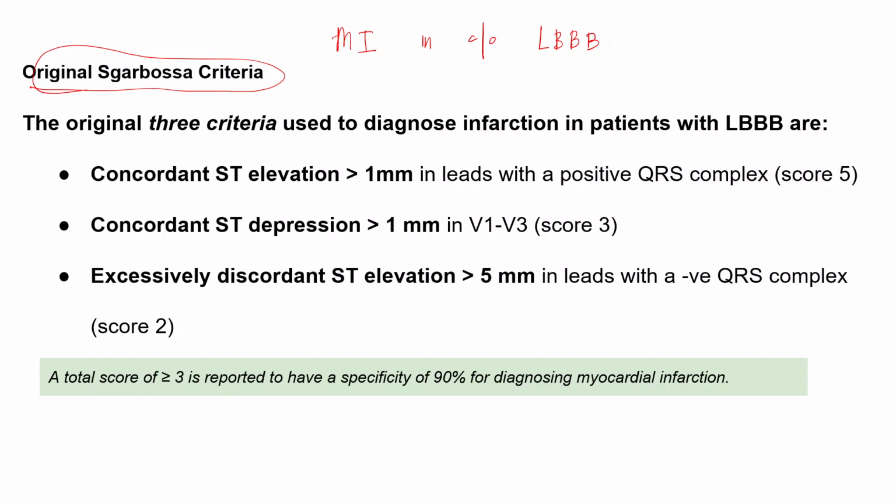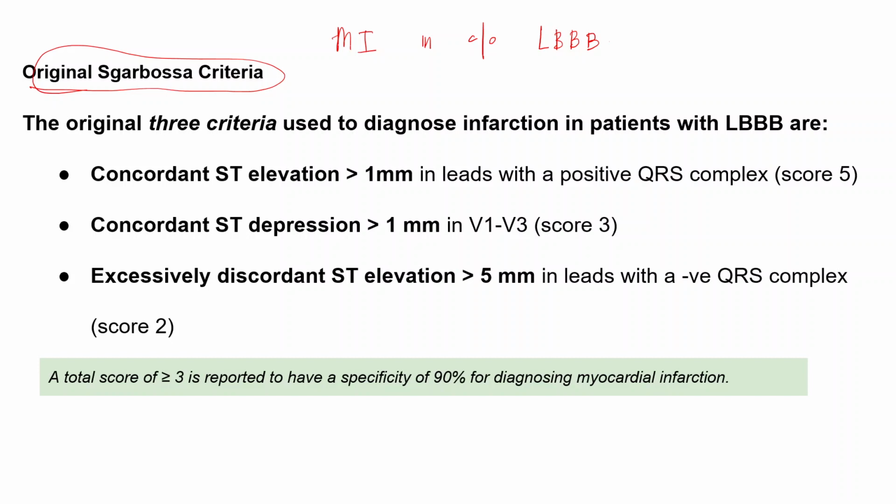In most situations, at least for exams, nobody will ask you to apply the Sgarbossa criteria and give the diagnosis. But the name is important. To identify MI or ST elevation in LBBB, the name of the criteria is Sgarbossa criteria. In the original criteria, there are scores given to 3 important components.